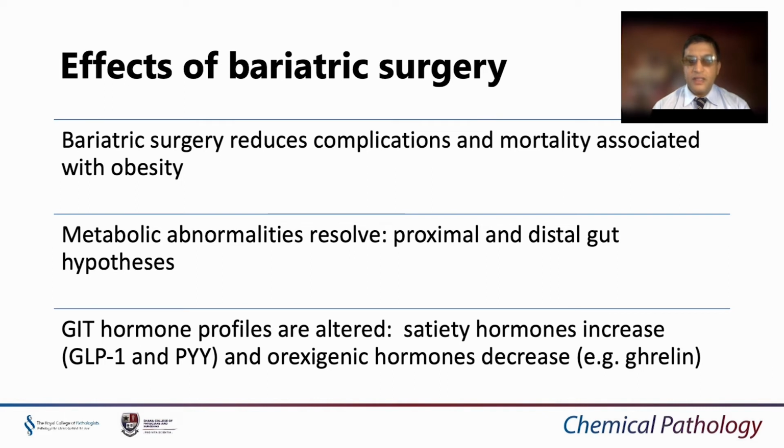The question that we ask is, how effective is bariatric surgery? Bariatric surgery reduces complications and mortality associated with obesity, and the metabolic abnormalities of the patient pre-surgery resolve during the post-surgical period. It's hypothesized that the surgical procedures bypass the proximal upper GIT and cause these metabolic abnormalities to improve, or the quicker rate of delivery of the food contents to the distal GIT increases the enteral hormone secretion.